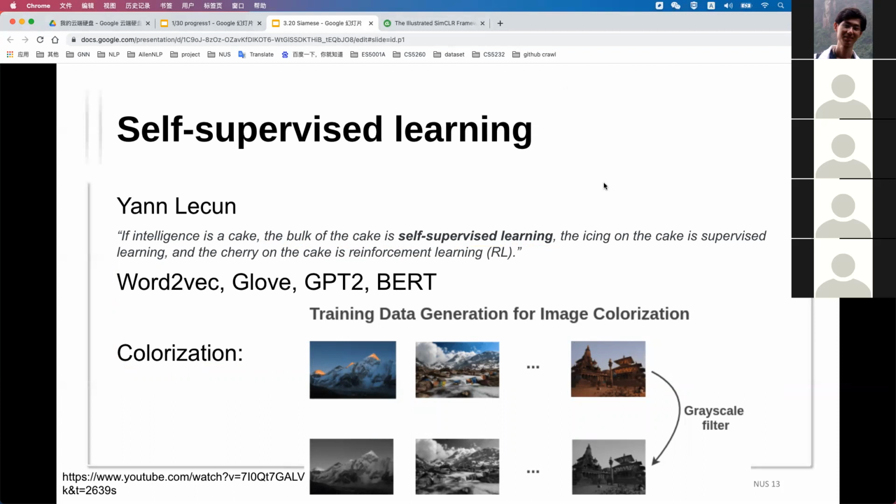And for your colorization, can it be considered self-supervised learning? Because we just convert the color image into a gray image, but the label is just there, right? According to the definition, self-supervised learning is the process where only a portion of the training data set has labels.